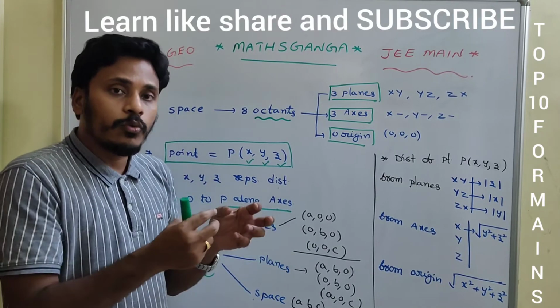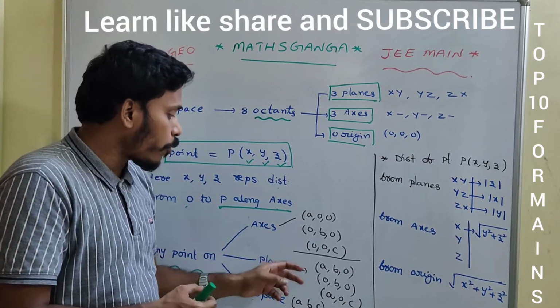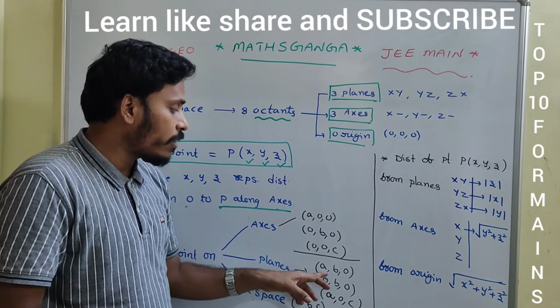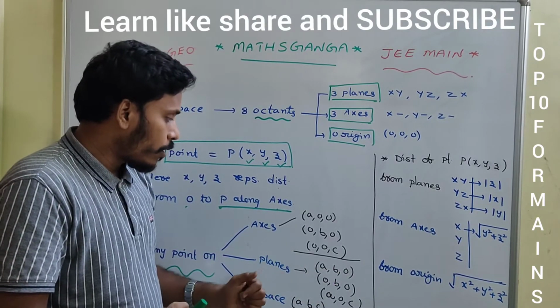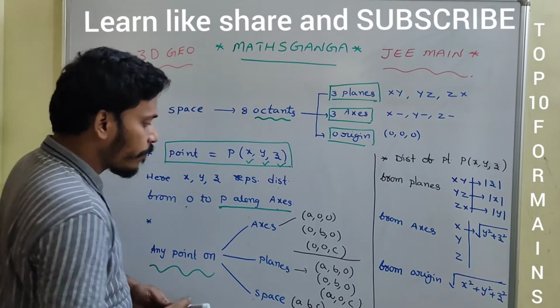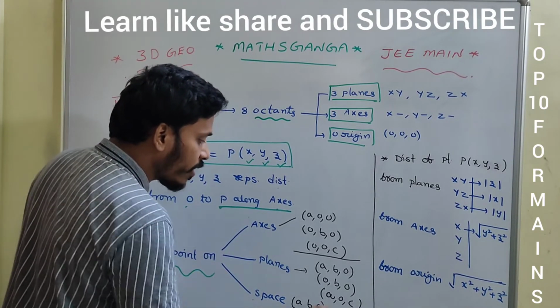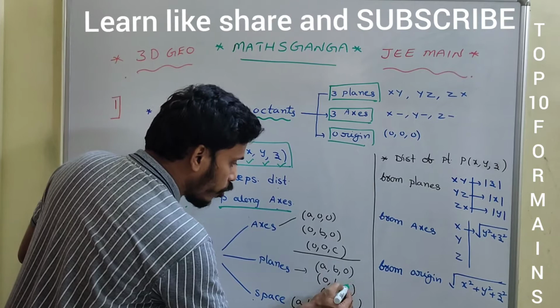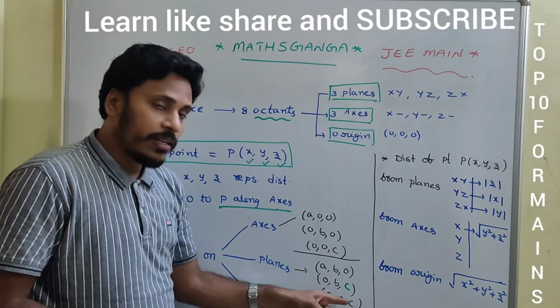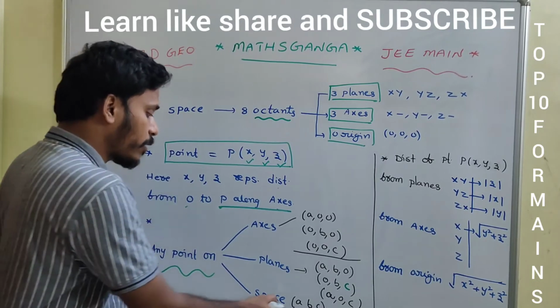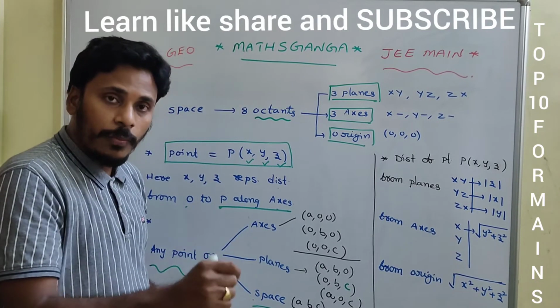Similarly, for a general point on the planes: on the xy plane the z coordinate is 0; on the yz plane the x coordinate is 0, so (0, b, c); and on the zx plane the y coordinate is 0, so (a, 0, c).